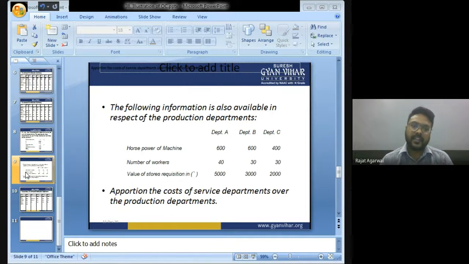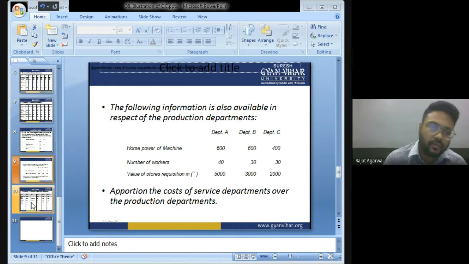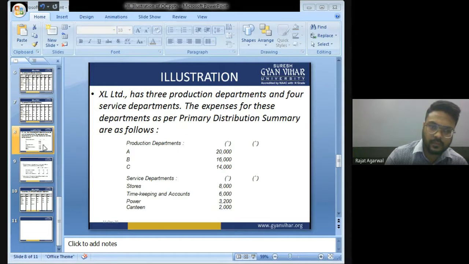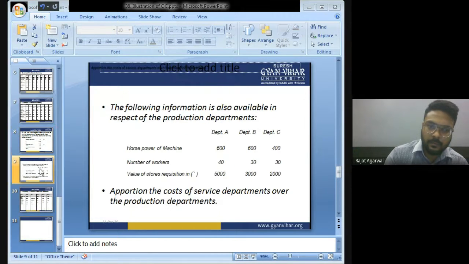It will be distributed on the basis of number of workers. Number of workers, 4 is to 3 is to 3.